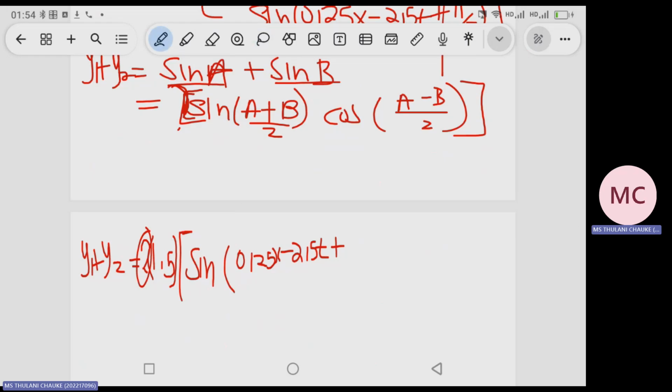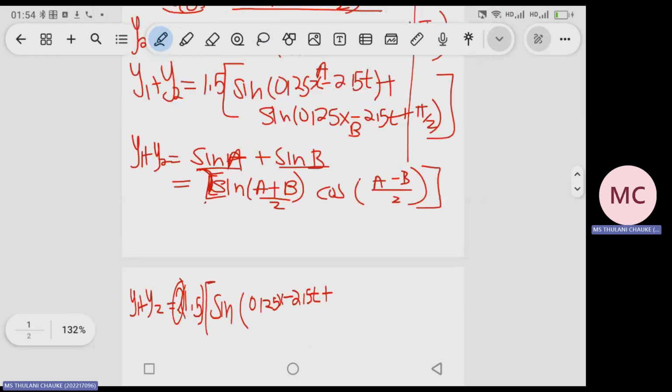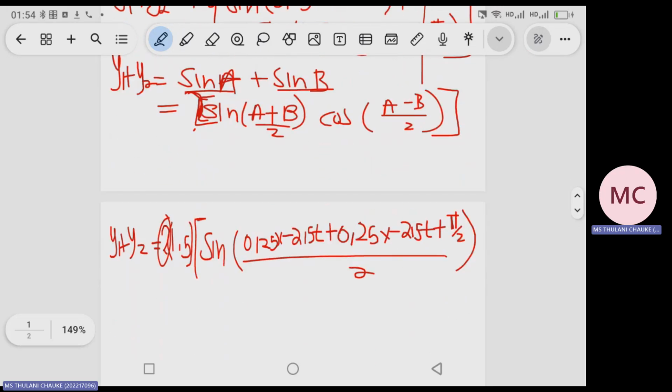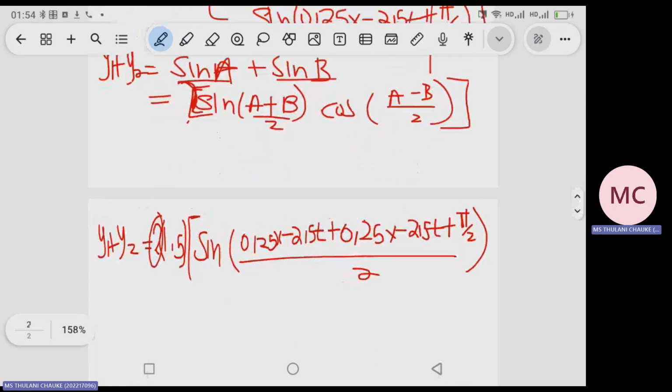Yeah, and then we're going to add this with the second angle, 0.25x minus 2.5t plus pi over 2, all over 2, and then a cosine.